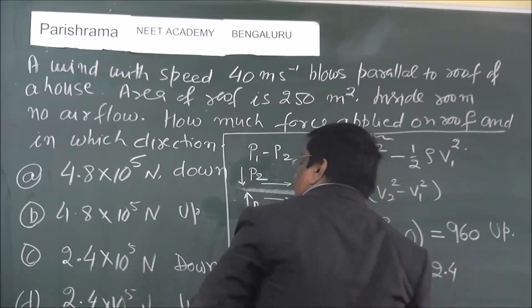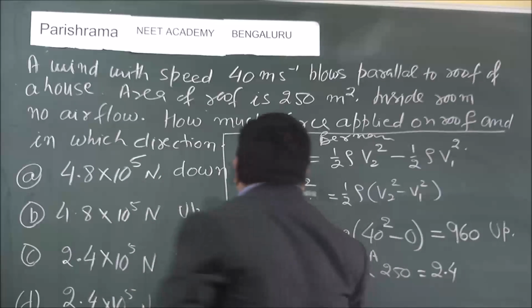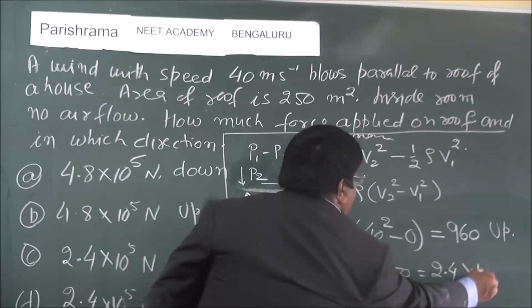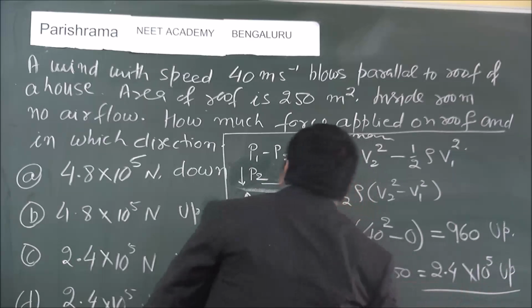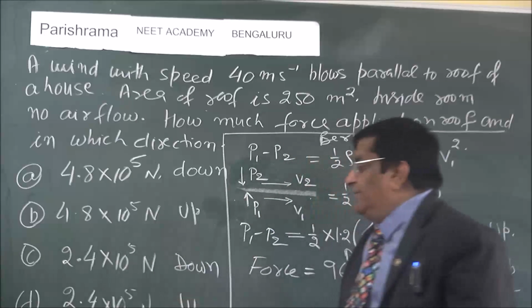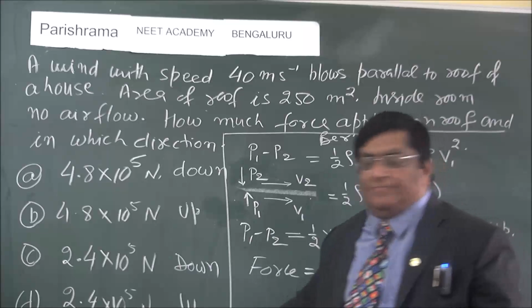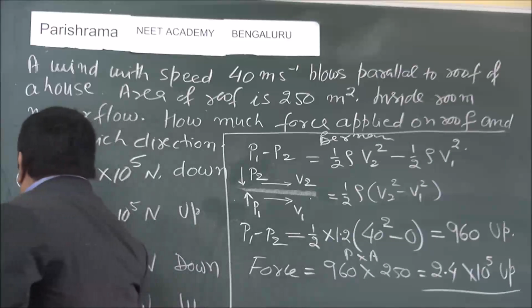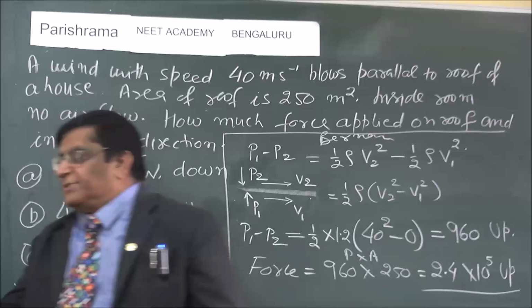Don't worry about the power because everywhere it is 10 to the power 5. So 10 to the power 5. And what is the direction? Up. Okay, what is the answer? Yes, we get the answer D. So this is how we do it.